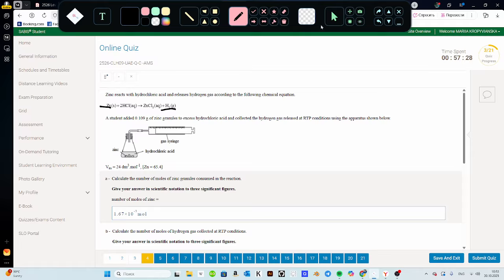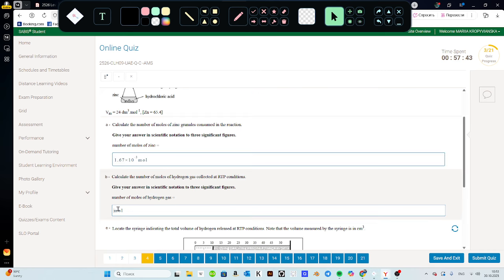So if it's a 1-to-1 ratio, then the number of moles of zinc is going to be the exact same as in hydrogen. So it's also going to be 1.67 times 10 to the negative 3.